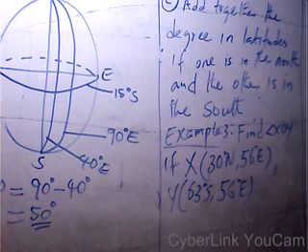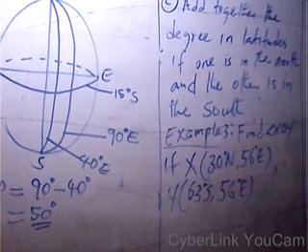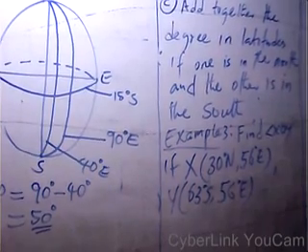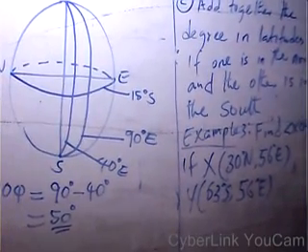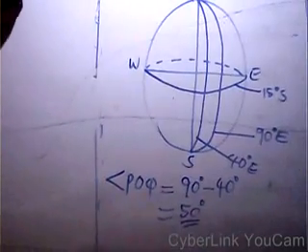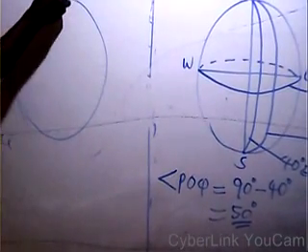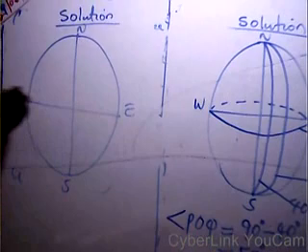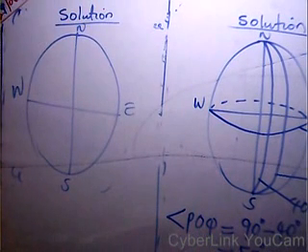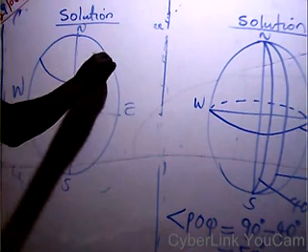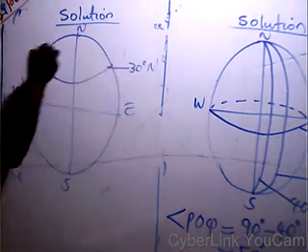So how do we go about this? Solution. This is the axis of the earth, this is the north, this is south, this is the east, and this is the west. 30 degrees north, of course, this is 30 degrees north, that's the latitude.